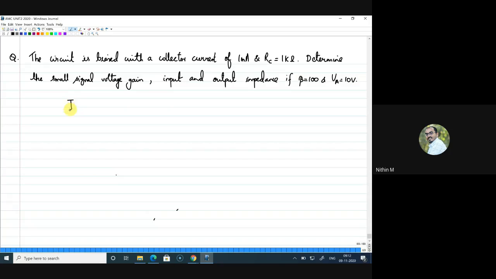Okay, the circuit is a common emitter amplifier. This is V in, this is V out, this is VCC, and this is given as 1 kilo ohm. Okay, so you can start solving this.